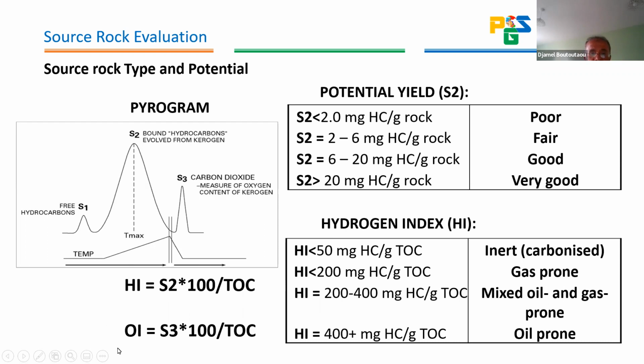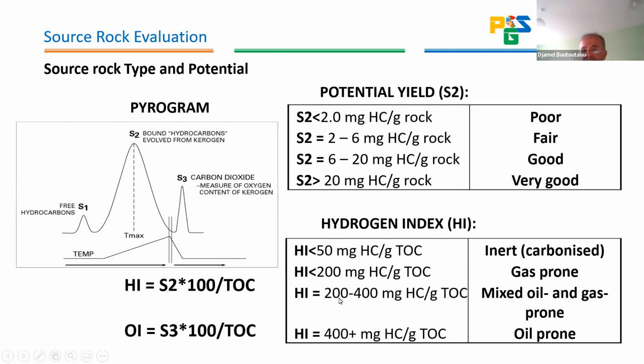The second parameter is the oxygen index, which is S3, this peak here, times 100 divided by TOC. Both parameters are used in modeling and also in classification of our source rocks.